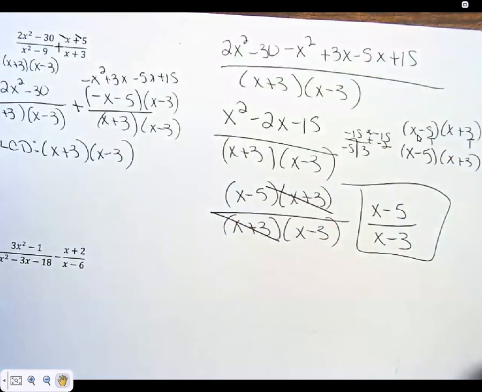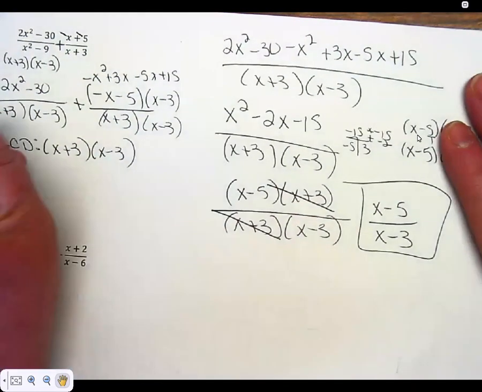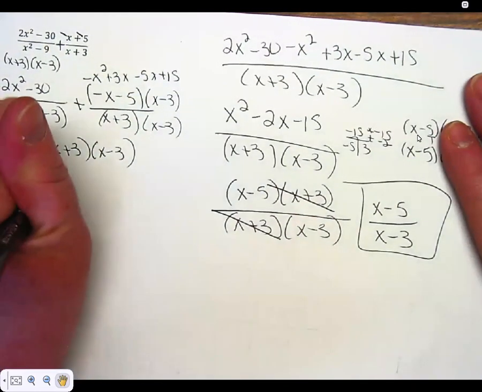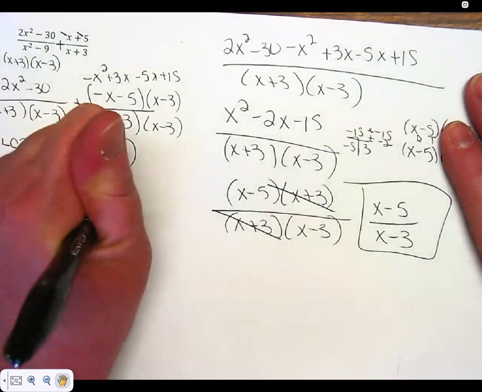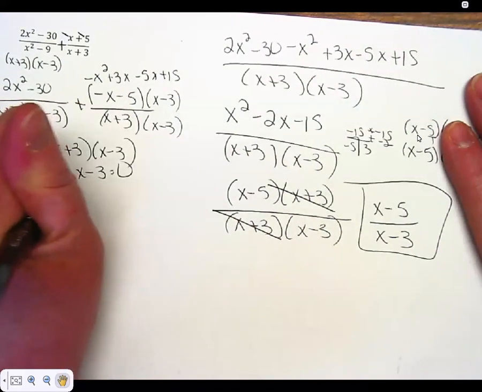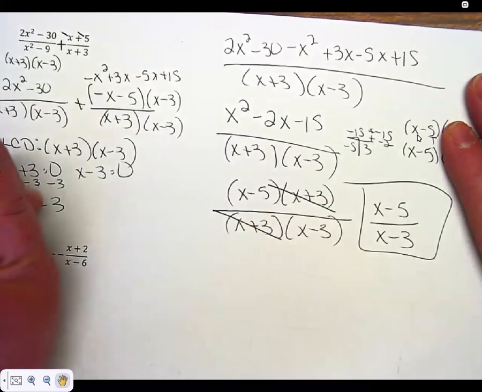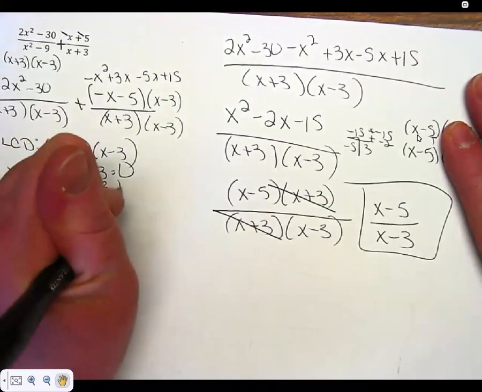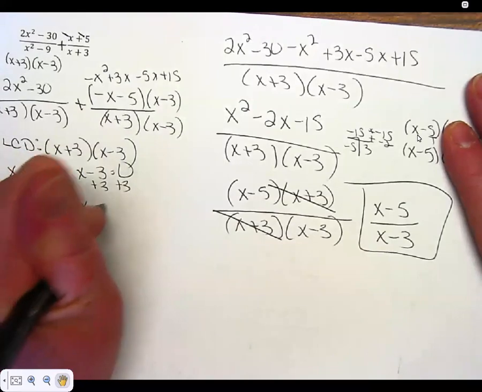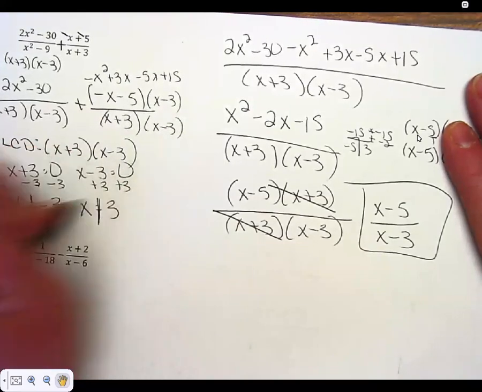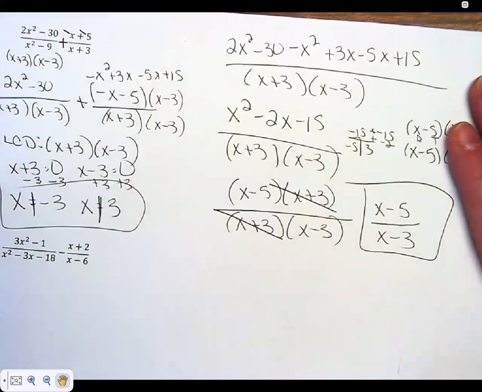So you still have to identify where the function is undefined. So you want to set these both equal to 0. Solve. This is going to make the bottom 0, so slash your equal sign. Add. This is going to make the bottom 0, slash your equal sign. And that is the other part of your answer.